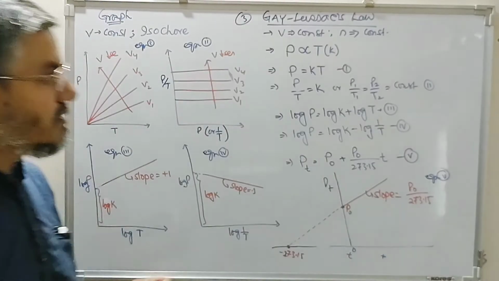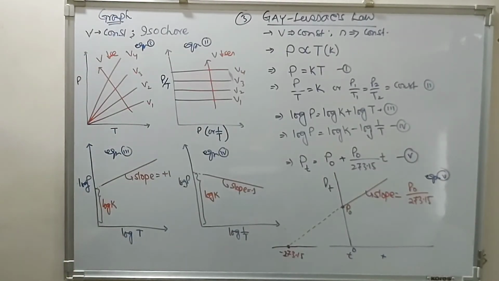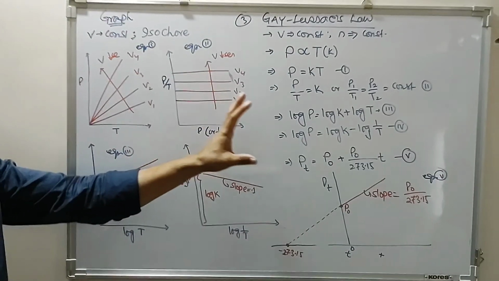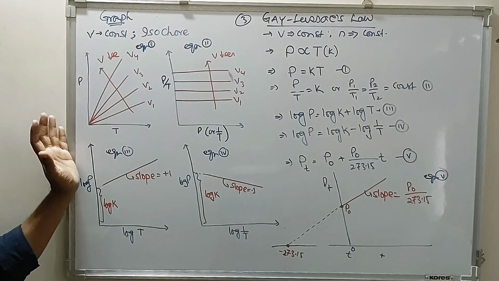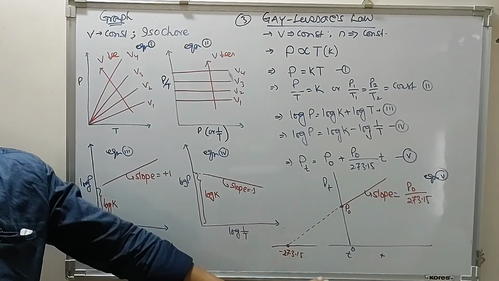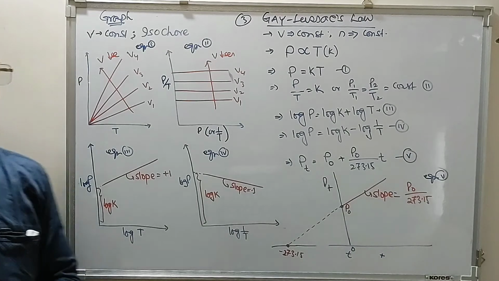So these are Gay-Lussac law, its graphical representation. So Gay-Lussac law and Charles law equations are parallel and graphs are also almost parallel to each other.